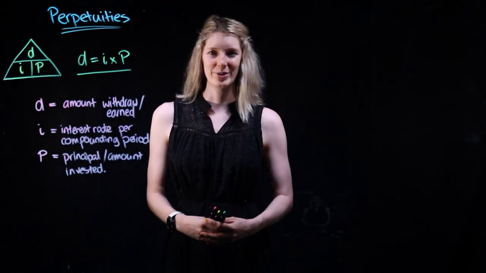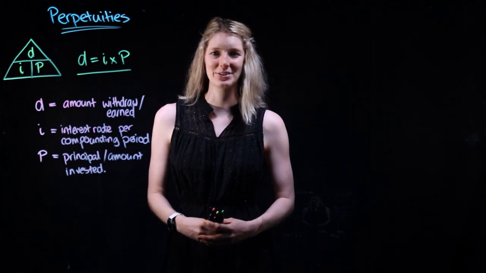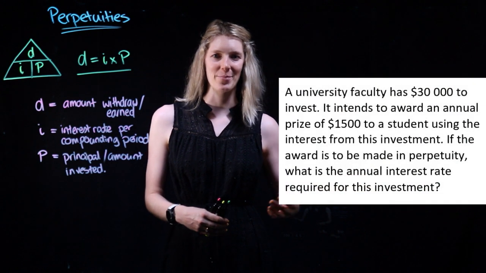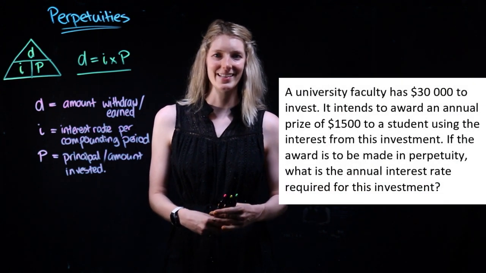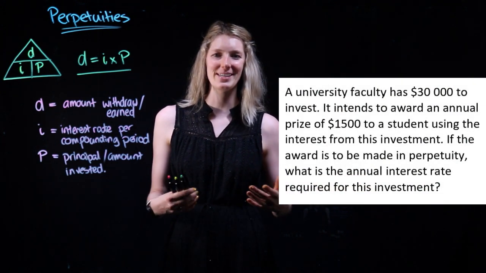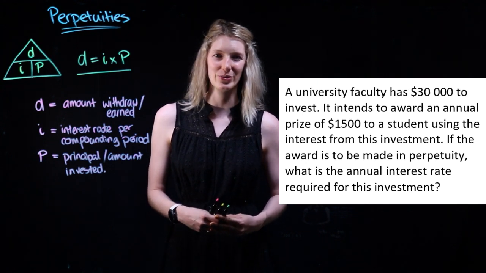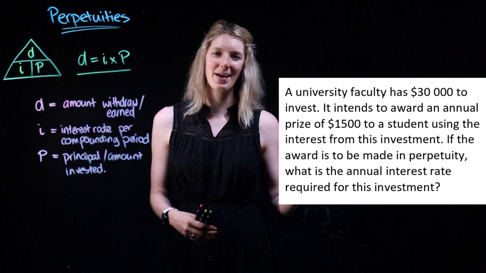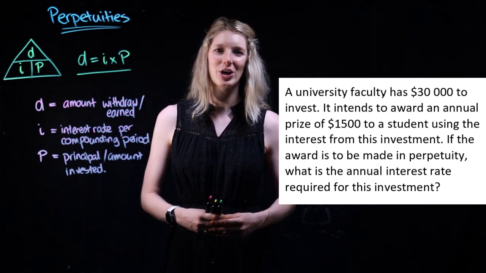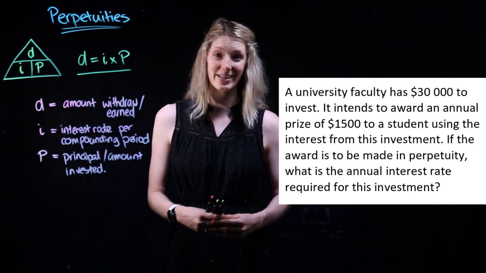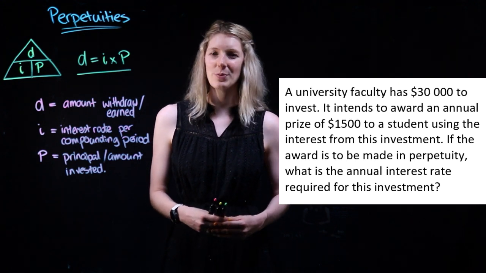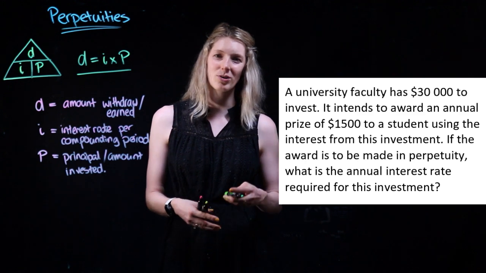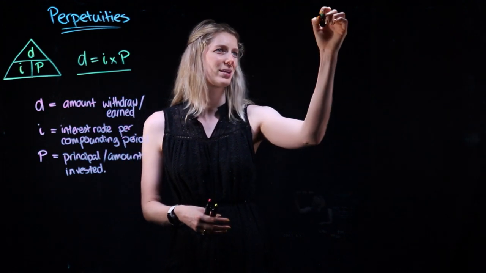For our final perpetuity problem, we are going to be exploring how to calculate the unknown variable I. And we're going to be using this third example here to help us out. Now this example states, a university faculty has $30,000 to invest. It intends to award an annual prize of $1,500 to a student using the interest from this investment. If the award is to be made in perpetuity, what is the annual rate of interest required for this investment?